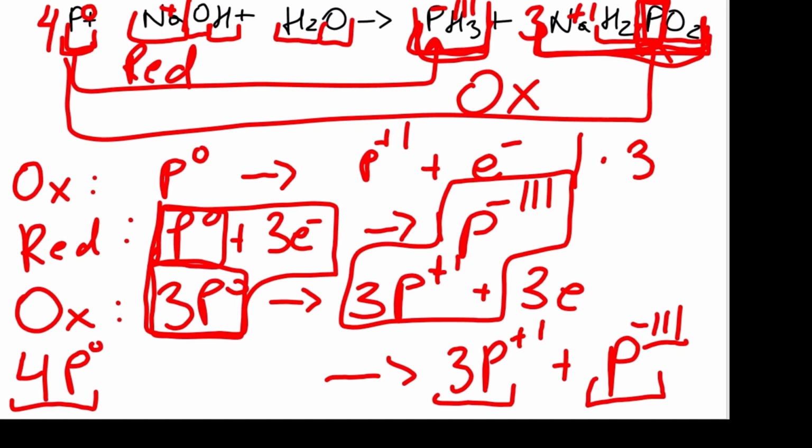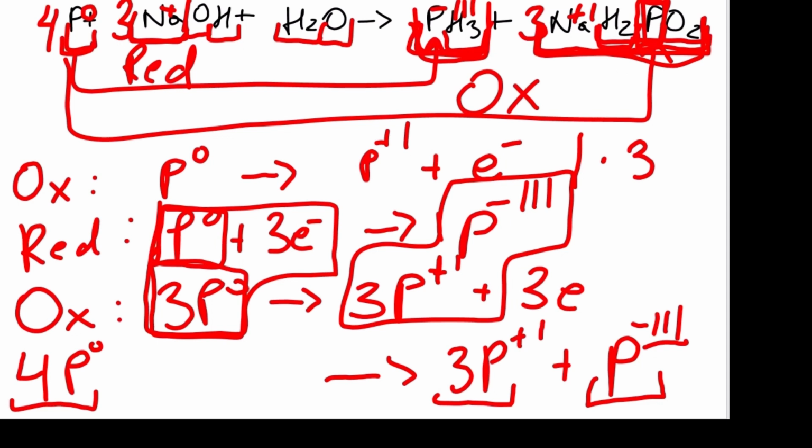Okay, so we can balance the other elements. On the left side of the reaction we have only one atom of sodium. On the right side we have 3 atoms of sodium. So we need to put 3 in front of the sodium hydroxide. On the right side we have 3 atoms of hydrogen in the phosphine, and in the 3 particles of this salt there are 6 atoms of hydrogen.